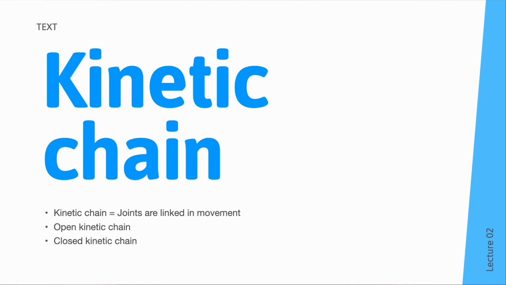So the kinetic chain basically says there are two kinds, an open kinetic chain and a closed kinetic chain. And as I said, a kinetic chain means joints linked together. So when I move one of them, all the others move too. If I have an open kinetic chain, that would be this example now, my arm, shoulder, elbow, hand or wrist, that would be an open kinetic chain because it's open at one end.